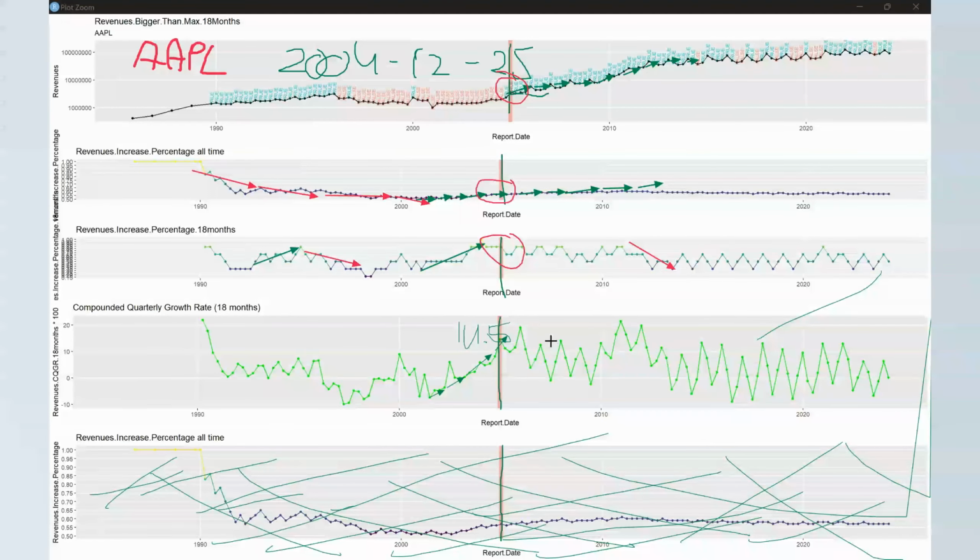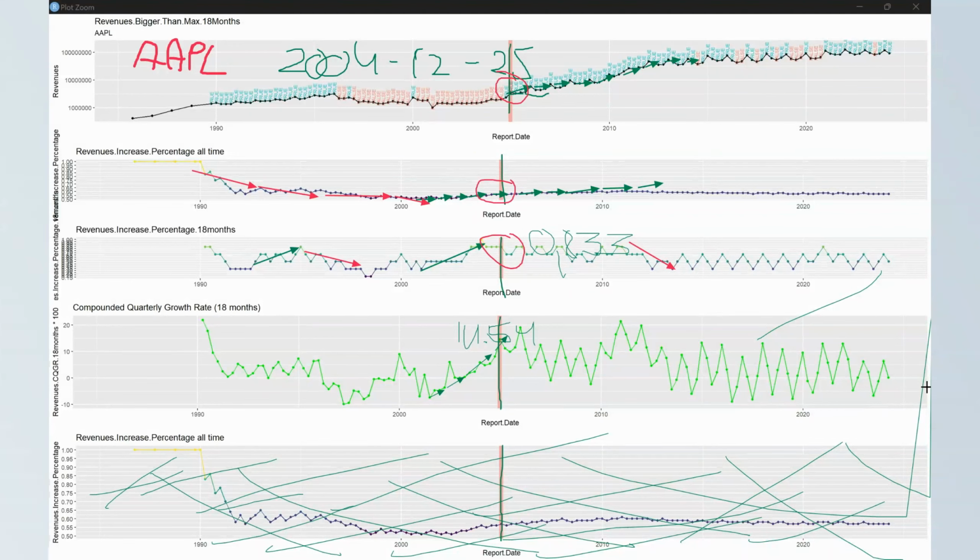This quarterly rate over 1.5 years was 14.54, and what else? Revenues increase percentage over 18 months should be 0.833, and this is it for revenues.